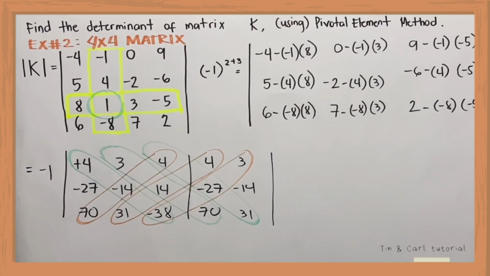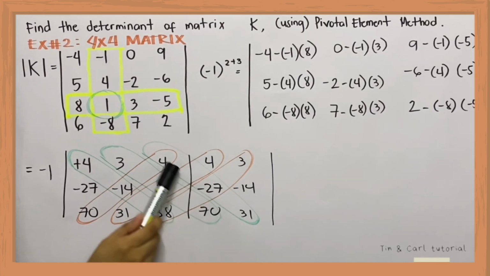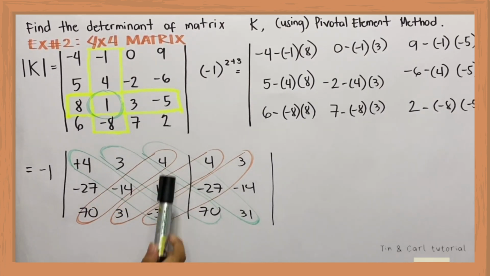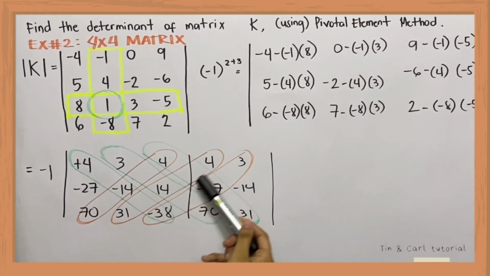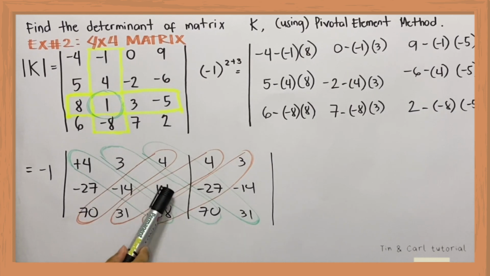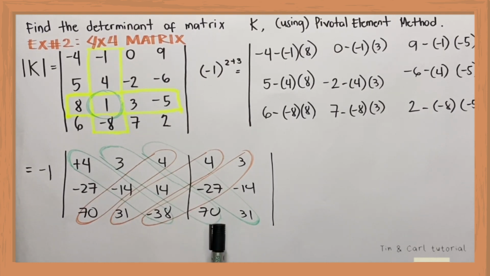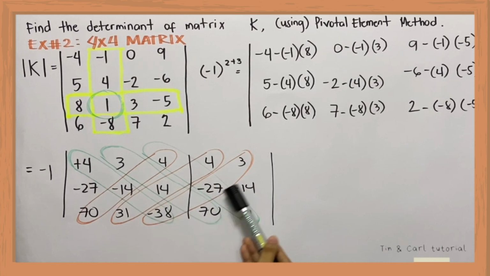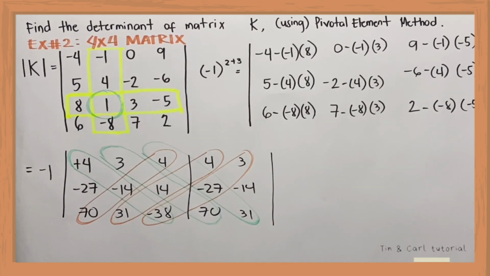So, dahil tapos na tayong mag-highlight, so nakikita natin na itong naka-highlight ng color green, blue, and itong naka-highlight ng orange, ay i-multiply natin yan. Then, after natin nakuha yung sagot, i-minus naman or isa-subtract natin siya dito sa answer na makukuha natin sa orange na naka-highlight. So, let's compute.